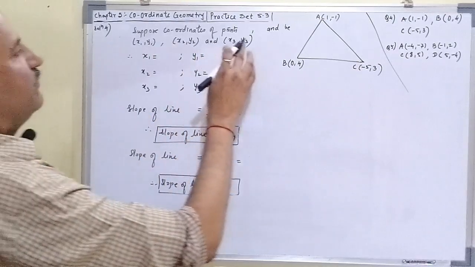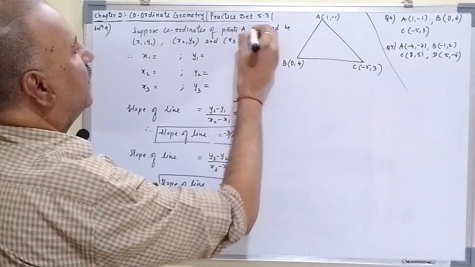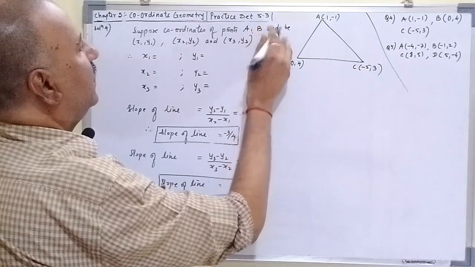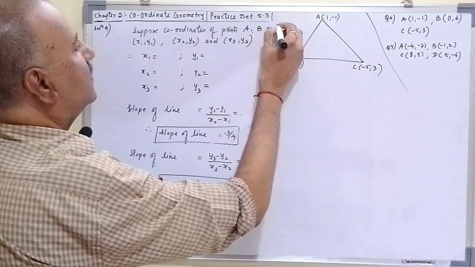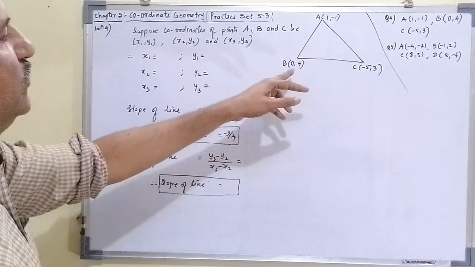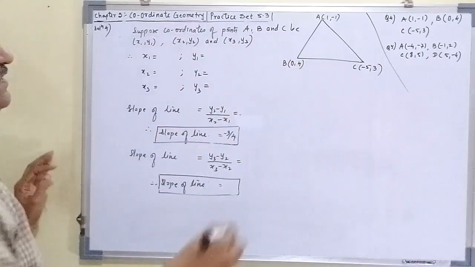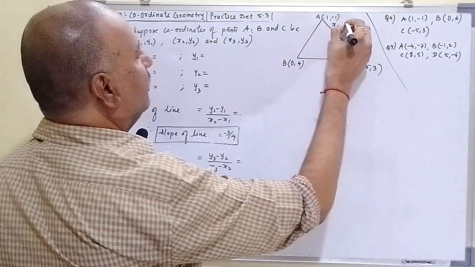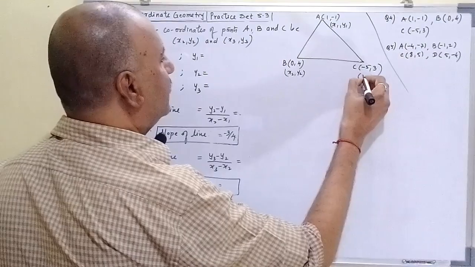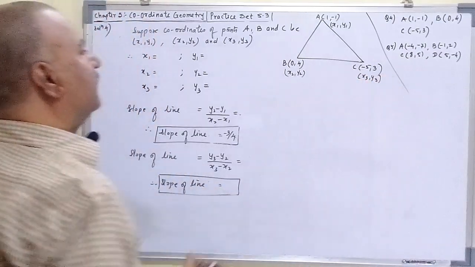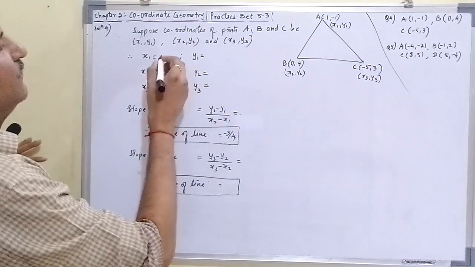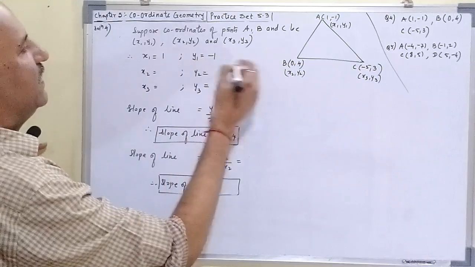So suppose coordinates of points A, B and C are x1, y1, x2, y2 and x3, y3. For example x1, y1; x2, y2; this is x3, y3. Now what will be x1? 1, y1 is minus 1.